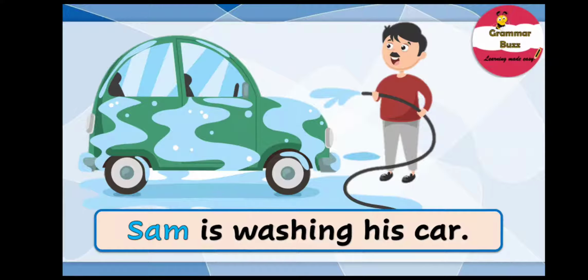Who is performing the verb of washing the car? It is Sam who is performing the verb. Sam is the doer of the verb or action, washing the car. Note, Sam is a naming word, so it is a noun. Remember, subjects can be a noun or a pronoun? I guess you do.